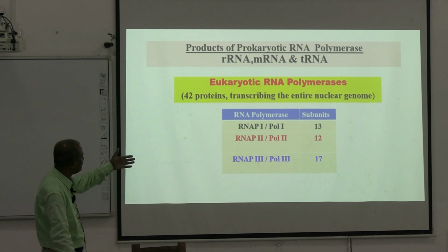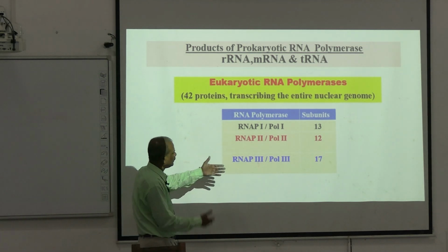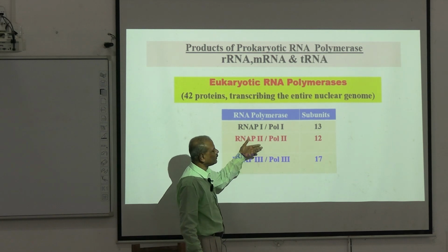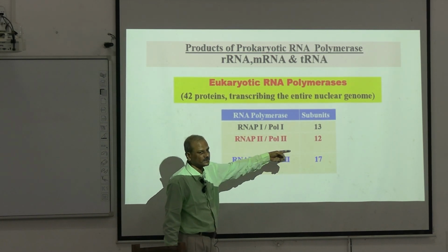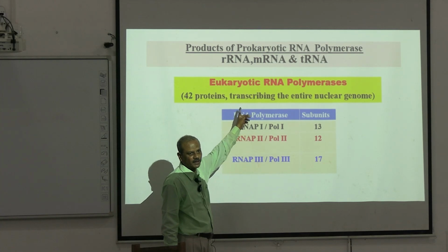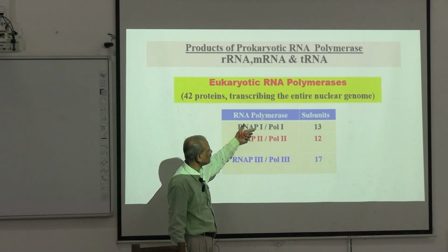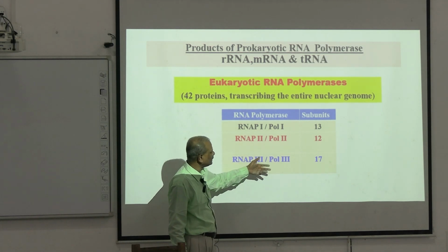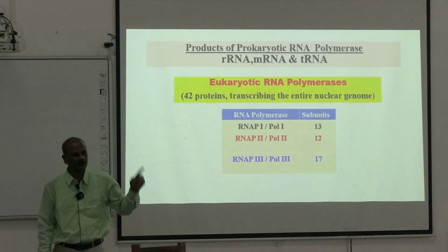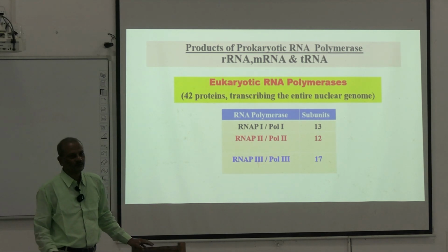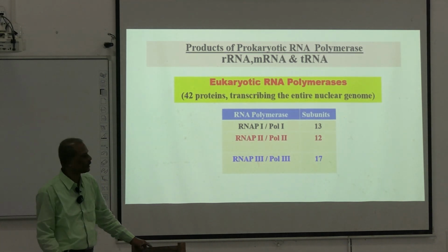In contrast, you see RNA polymerase 2, which is concerned with mRNA synthesis, is having 12 subunits, as I told before showing the slide. This is only 5. This is 12 subunits minimum. RNA polymerase 1 has 13, and RNA polymerase 3 is 17. That means about 42 proteins are involved in RNA polymerase, in contrast to only 5 of the prokaryotes.